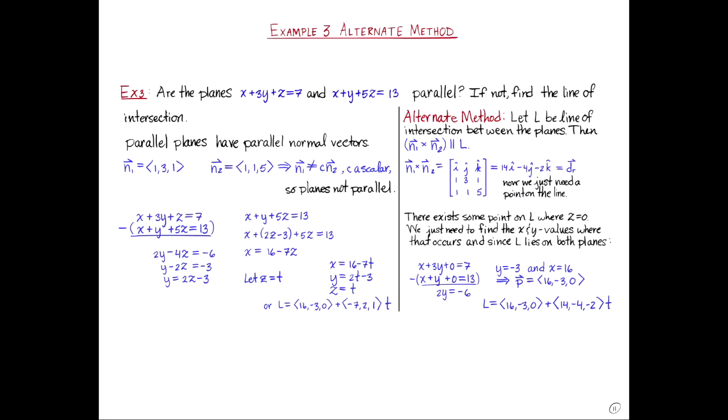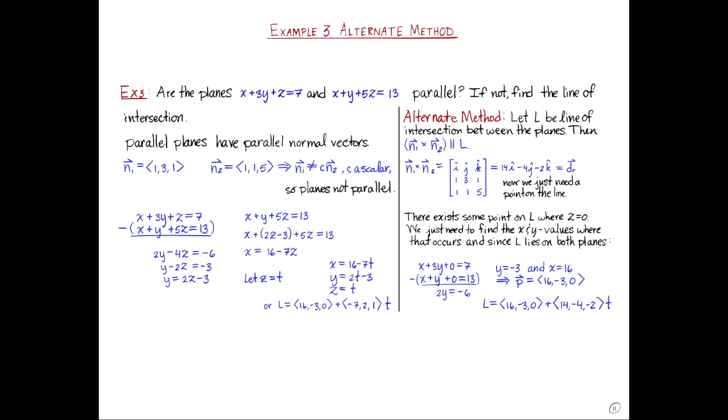I mentioned back at the beginning of lecture that there was an alternate method for working out example 3 to finding the line of intersection between 2 planes. In this last example, which I've already worked out for you, I left on the left-hand side of the page all the work that we did to find the line of intersection by parameterizing the planes, and our alternate method uses the cross product.